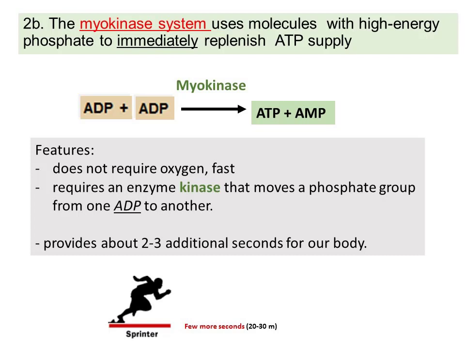Again, another system in which we didn't require oxygen, we didn't require a lot of metabolic steps, but again, here's another kinase that's allowing us to add the phosphate to ADP. And this gives us another 2 to 3 seconds. So we're getting close to 20 seconds worth of activity.